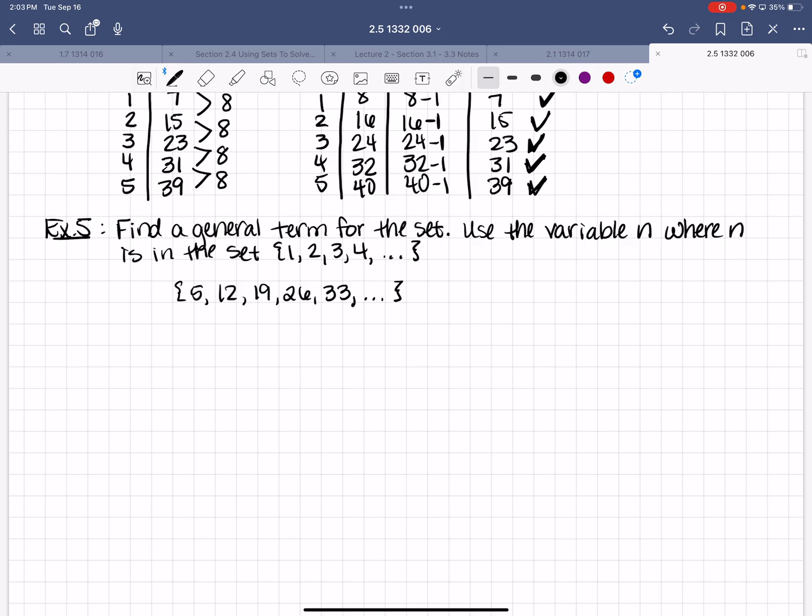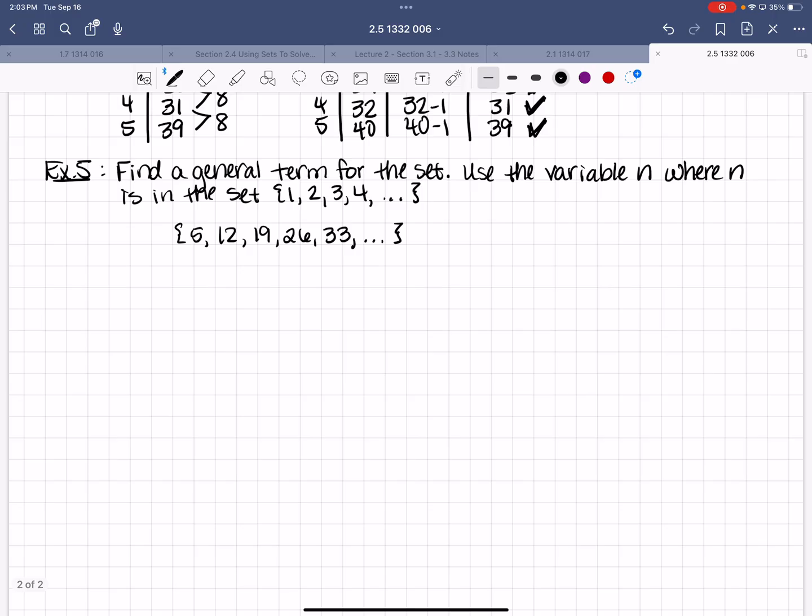Okay? Start the process just like we did before. We list n, which is 1, 2, 3, 4, 5. Okay, then I list what my final set is. 5, 12, 19, 26, 33.